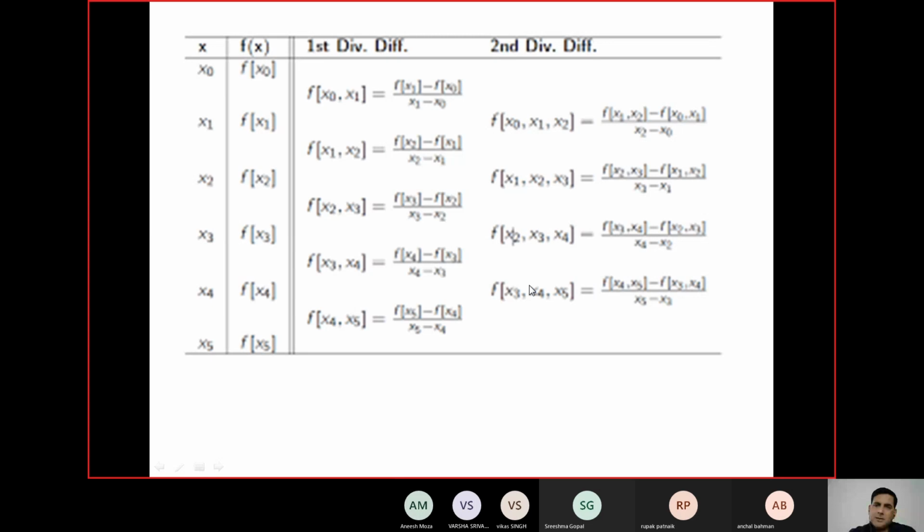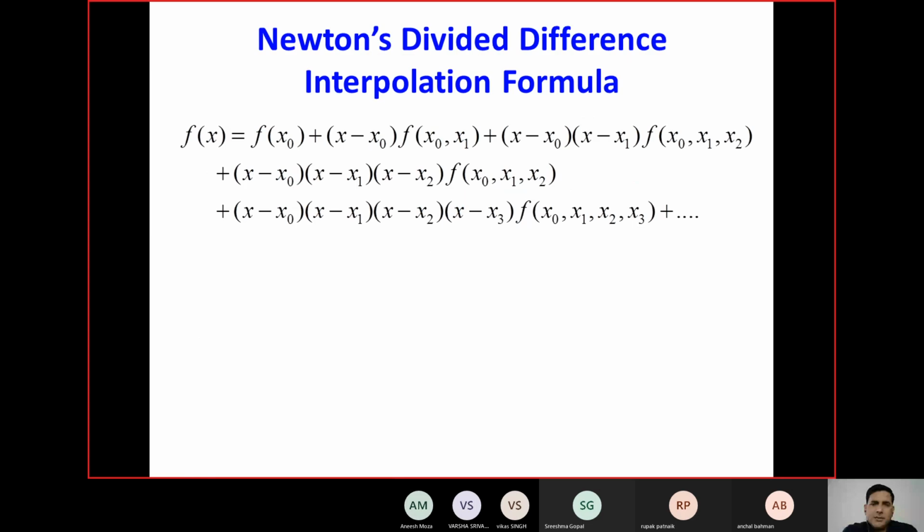Now this is Newton's divided difference interpolation formula. Previously you had just a divided difference table and calculations. Now this is the divided difference interpolation formula. If you want to calculate fx at a particular point, you start from fx naught, and then you add x minus x naught multiplied by the first divided difference. Then you have x minus x naught and x minus x1.